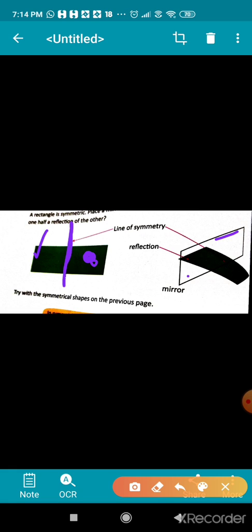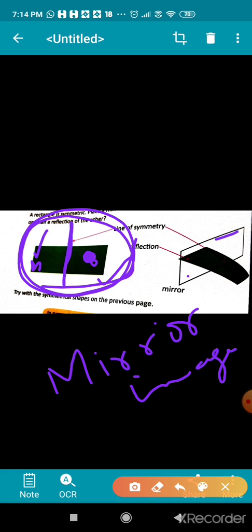Okay, so this side is a reflection of this side. Okay, and this type of images formed are known as mirror image. And where you place the mirror, that imaginary line is known as line of symmetry.